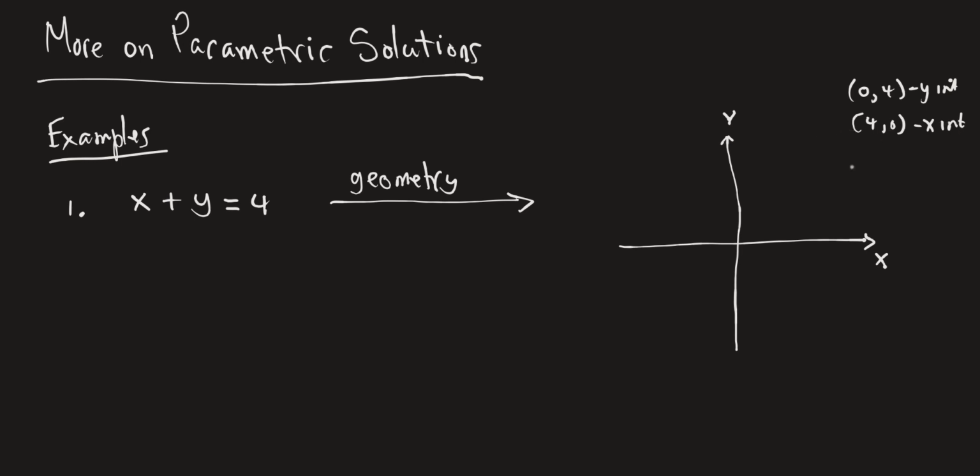So if I plot these 2 points, 4 there, 4 there, and connect them with a straight line, then that line has equation x plus y equals 4, or if you prefer y equals mx plus b, it'll be y equals negative x plus 4, right? And that negative 1 coefficient tells us that our line has negative slope, and there it is.